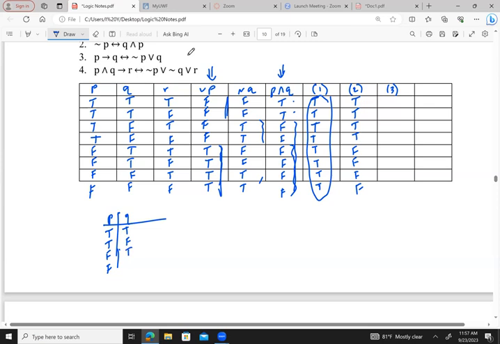True, false, true, false. Okay, I need not P. Not P would be false, false, true, true. I need not P or Q, which gives me true, false, true, true.